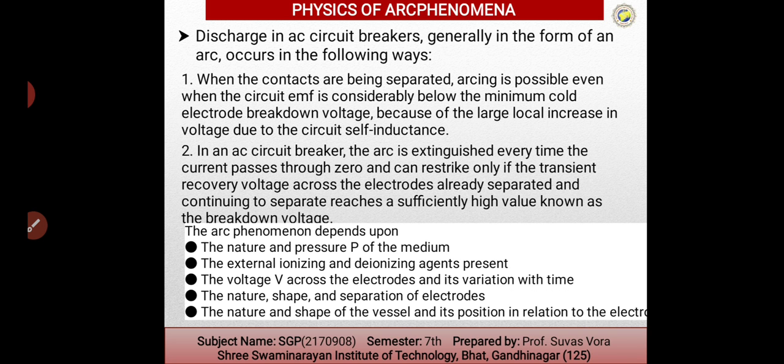Ideally, gas is a pure dielectric because it consists of molecules which are electrically neutral in nature. So it can be made to conduct only when some means are employed to create free electrons and ionize the gas.